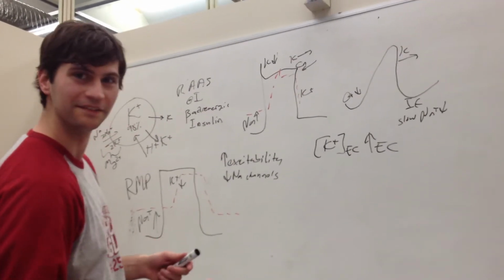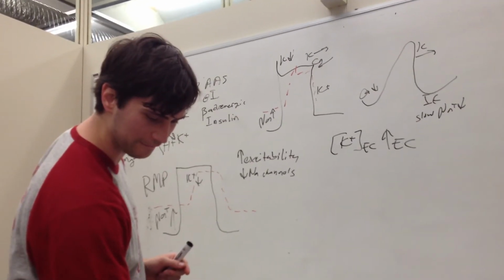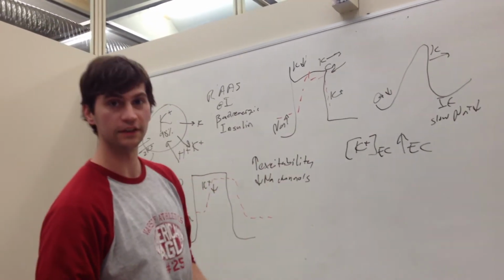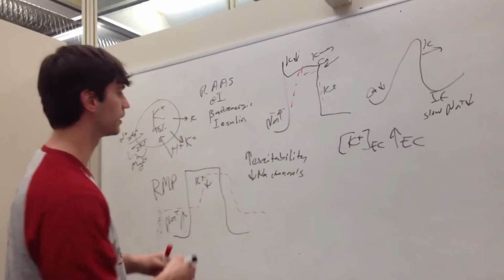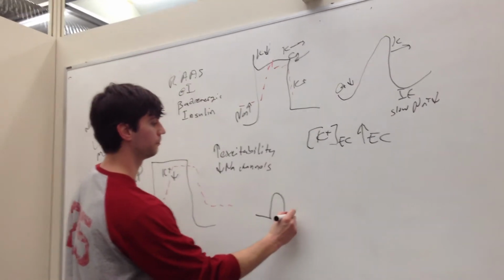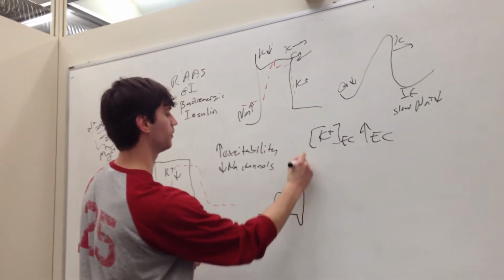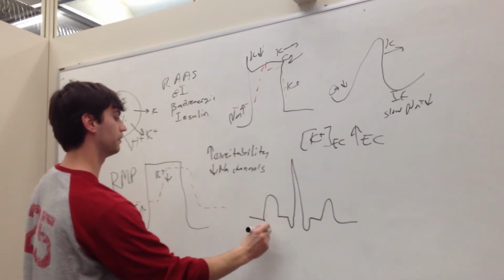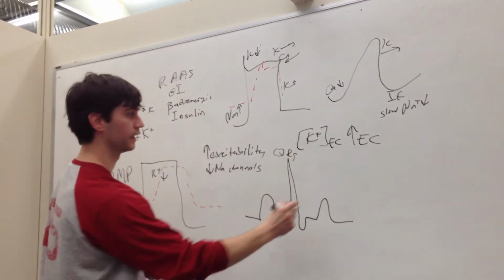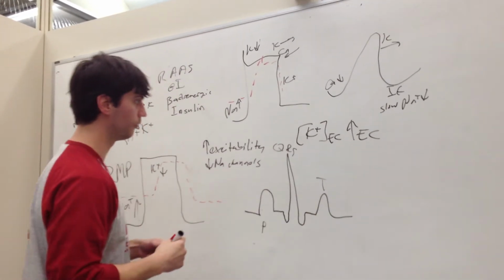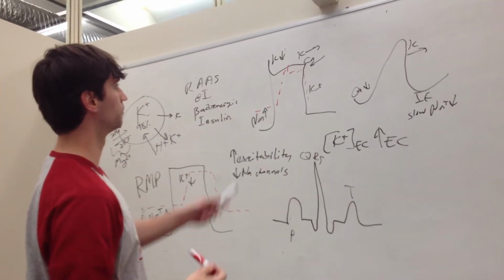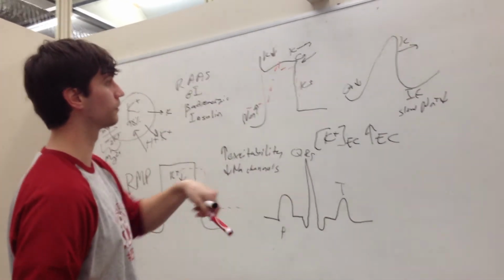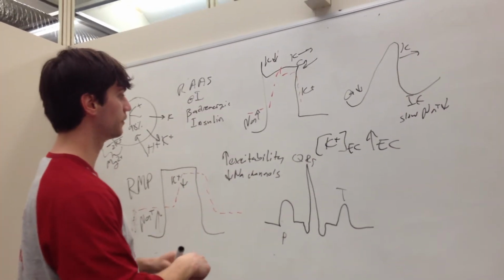Now let's translate this into EKG changes with hyperkalemia. You've got your normal P, QRS, and T. Initially you increase excitability, but over time that leads to a drop off, and you're decreasing amplitude.